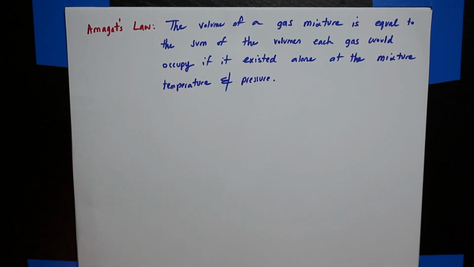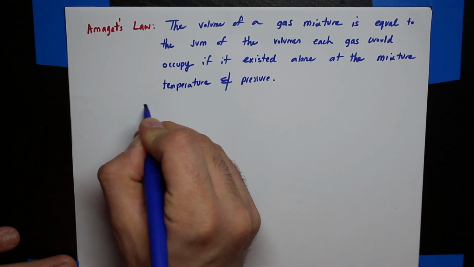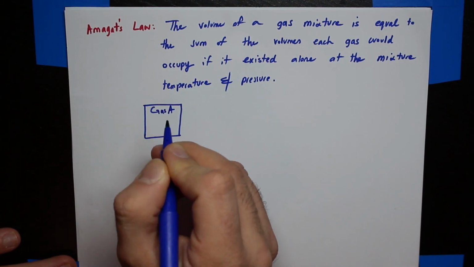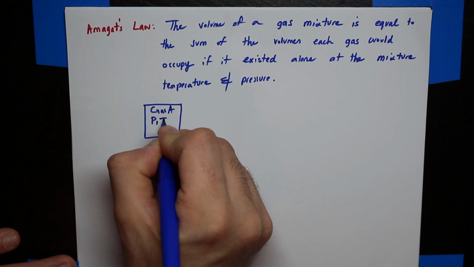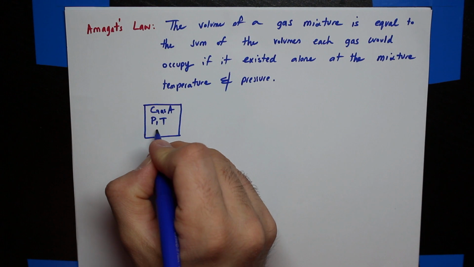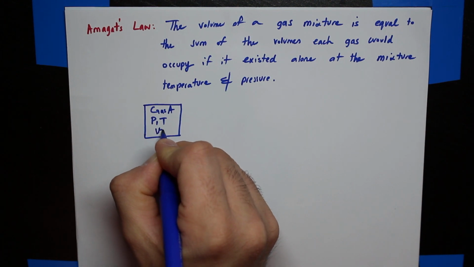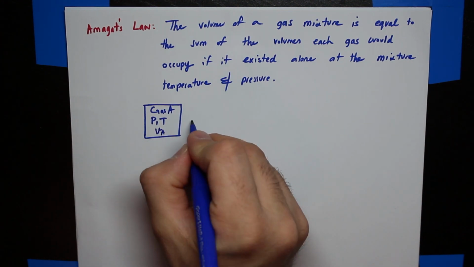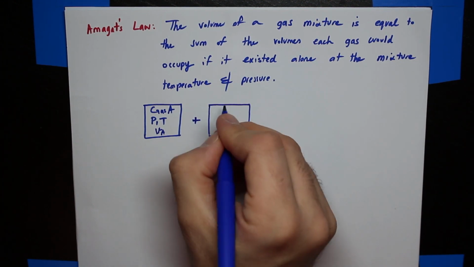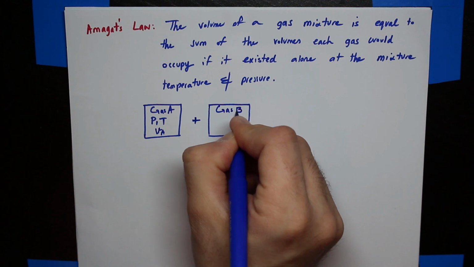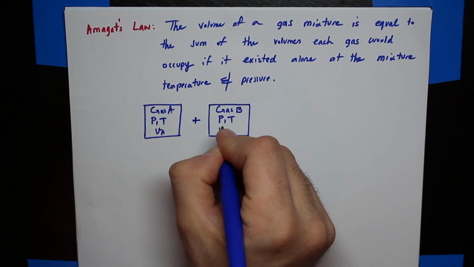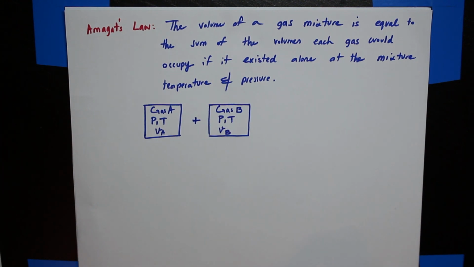Now here, if I want to do the schematic, let's say we have gas A at pressure P and temperature T, that's a specific condition, and the volume of this gas, let's call it VA. We are mixing this gas with gas B, which is at pressure P and temperature T, but volume VB, another volume.